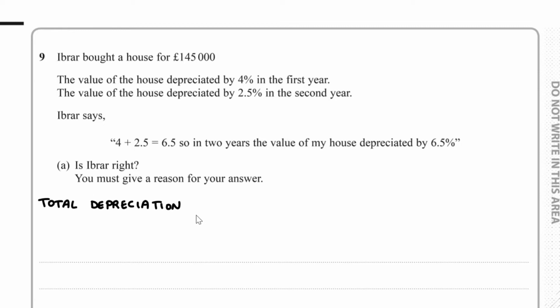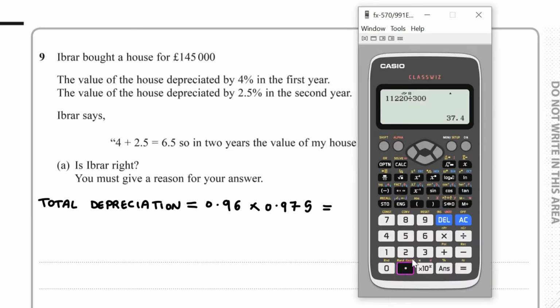Well, here, the total depreciation is equal to, well, if it's depreciated by 4% in the first year, then here we've got 0.96. And if it's depreciated by 2.5% in the second year, here we've got 0.975. So therefore, if we multiply these together, 0.96 times 0.975, this is 0.936.